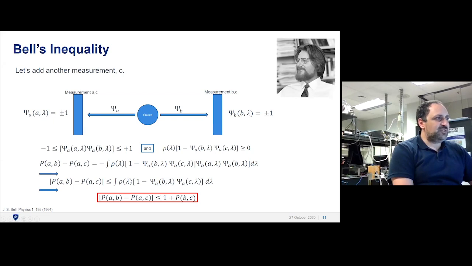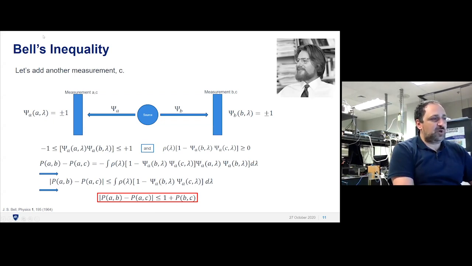And what that results in is the difference in these probabilities has to be less than 1, because we know the integral of rho of lambda is 1. And then this is the probability at B and C. So now we have an inequality.